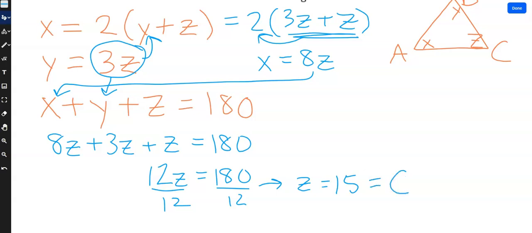So that's angle C. Now I'm going to use it to find x, that's angle A for me. And we know that that's 8 times that, so we literally can do 8 times 15, 120.